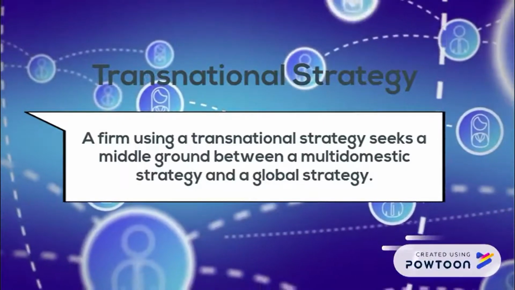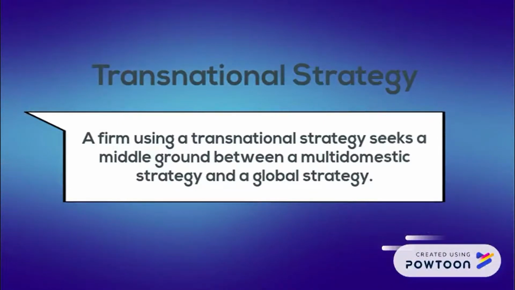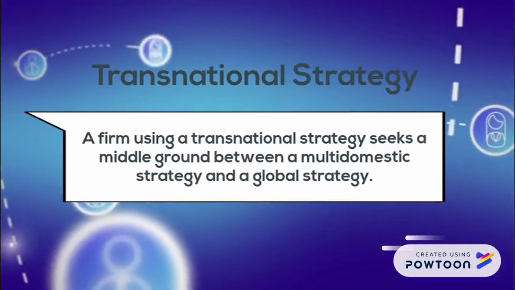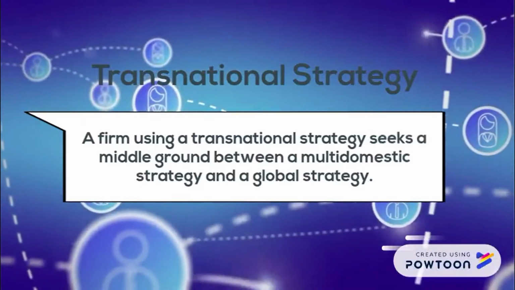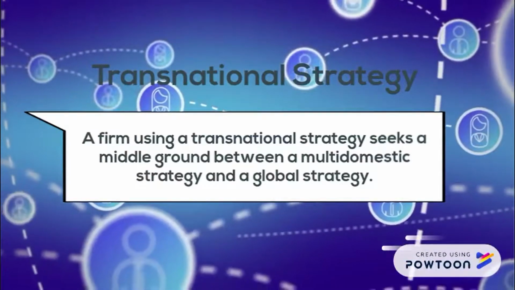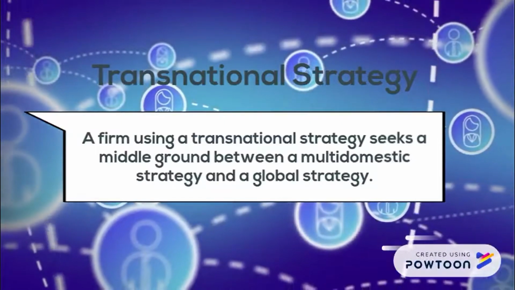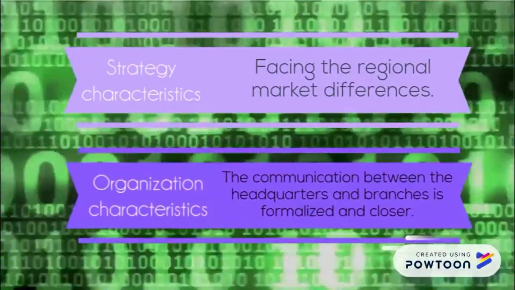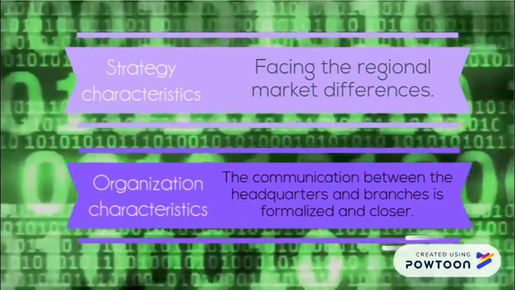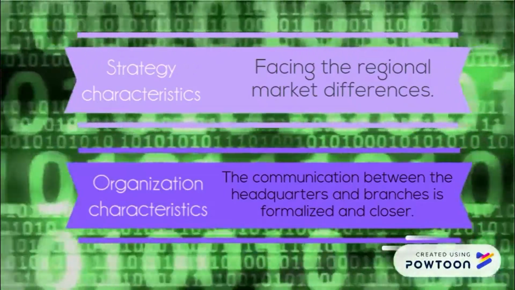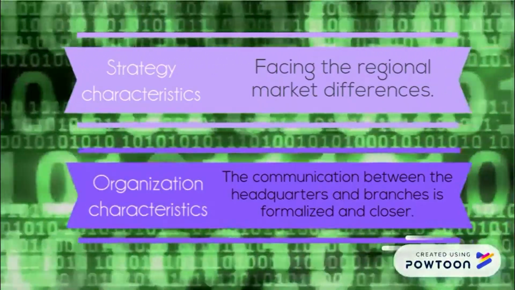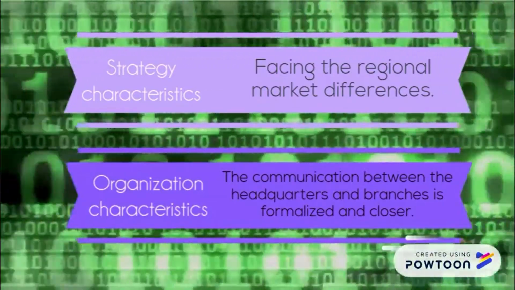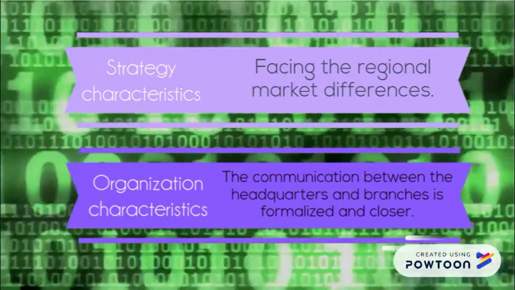Transnational strategy exploits the economies of scale and learning, as well as pressure for responsiveness by recognizing the core competence that does not reside in just the home country, but anywhere else in the organization. Key activities in companies using this strategy are neither centralized nor decentralized.